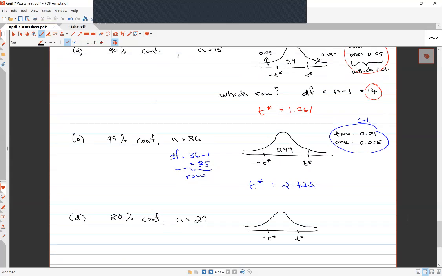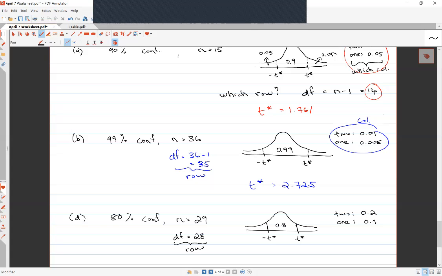You know you want to have confidence between the T-star values, in this case equal to 0.8. So what's left for the two tails? In this case, that's 0.2, which means in one of the tails, we have 0.1. And our degrees of freedom in this case would be 28.